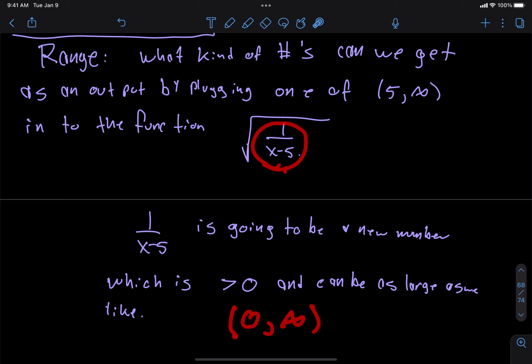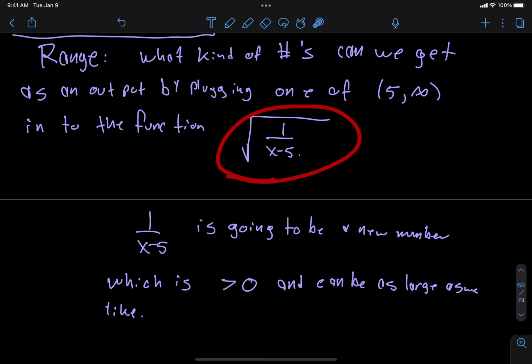I will again get a number which is between 0 and infinity, right? Because if I want to get the number to be extremely big, no matter what number I choose, like if I want 1 billion, then I just need 1 over x minus 5 to be 1 billion squared. If I want the square root of the thing to be 1 trillion, I just need to find the number x that makes 1 over x minus 5 1 trillion squared.